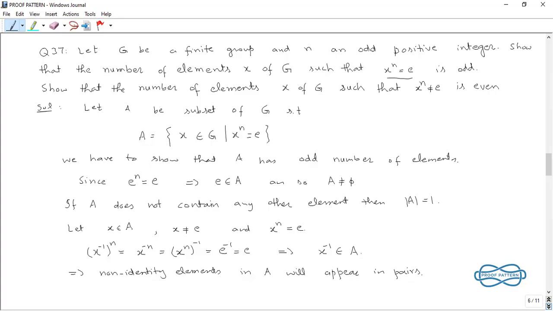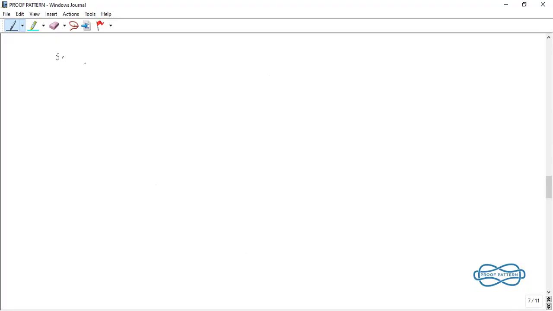So the number of non-identity elements in A is even, and combining this even number of elements with identity, we get that the total number of elements, including non-identity and identity elements, in A is odd.